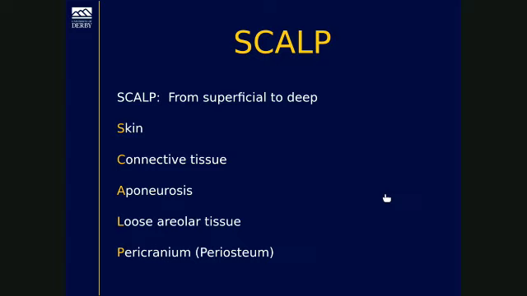Scalp, for example, is from superficial, which means the surface, to the deep, which is deeper in your body. So when you look at some of these operations online: skin, connective tissue, aponeurosis, loose or areolar tissue, pericranium or periosteum, which covers the bone. So mnemonics are quite useful.